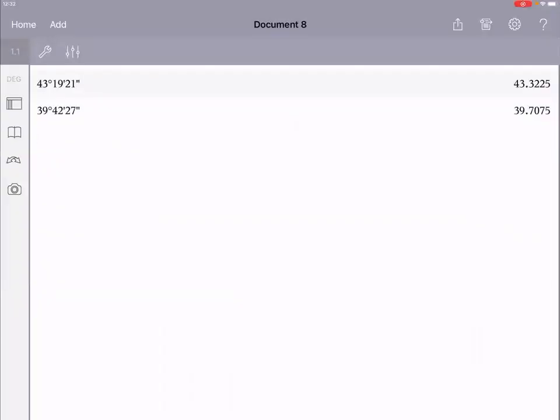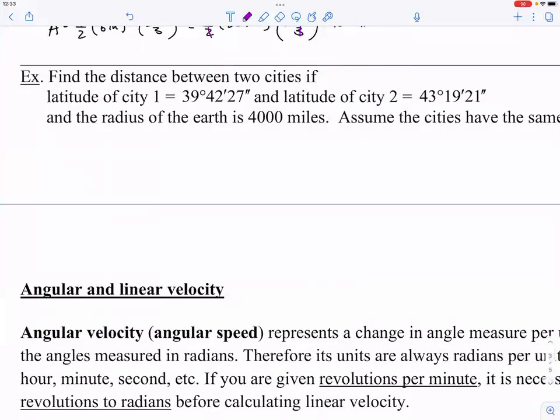Now, if you convert the DMS mode of the degree into a decimal, it becomes 43.3225 and 39.7075. Those two are the decimal numbers of the degree of the angles. Let me go ahead and write this down over here.